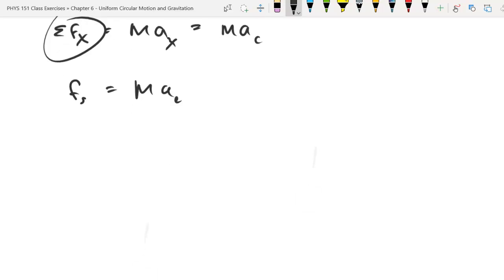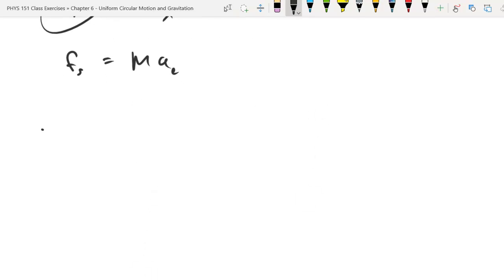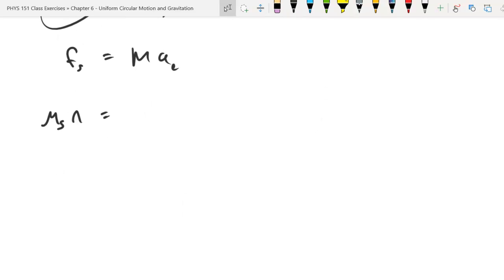Okay? But the static friction force is the coefficient of static friction times the normal force, and the normal force we just said was mg, right? So this is coefficient of static friction times mg is equal to mass times the centripetal acceleration. Okay? And then we have masses on both sides here. We can cancel this out.